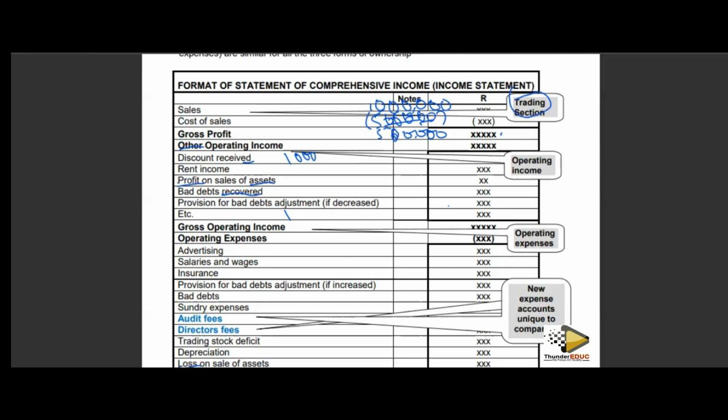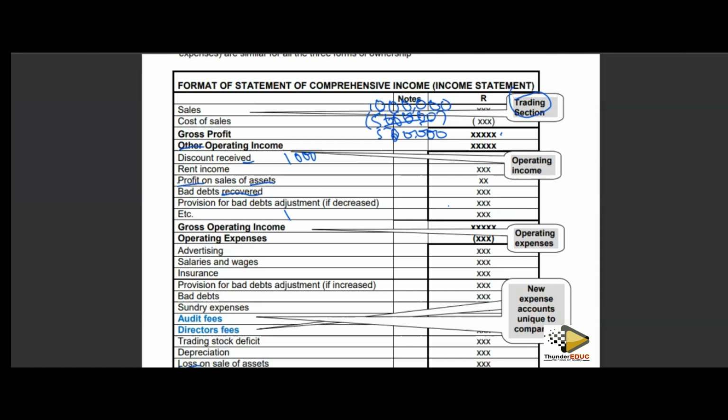Then provision for bad debts adjustments if increased. Okay, we shall see this. This is bad debts adjustments. The other thing they are saying, etc., we can have other operating income, like commission income. If we are selling goods and we are receiving a commission, it will fall under this section, okay?